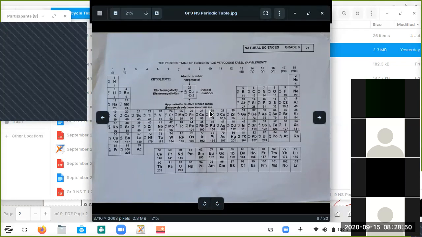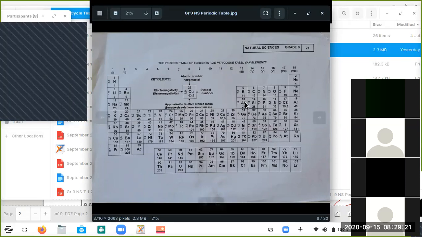So what is the name of this element? The name there is aluminium. It has got 13 electrons, which means its atomic number is 13. Then the mass number is 27. So how many protons are there?